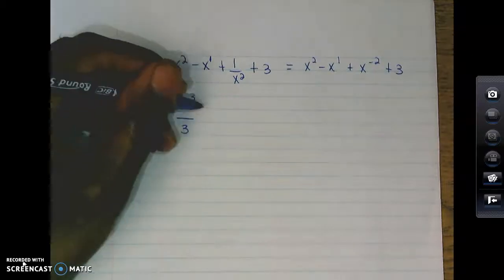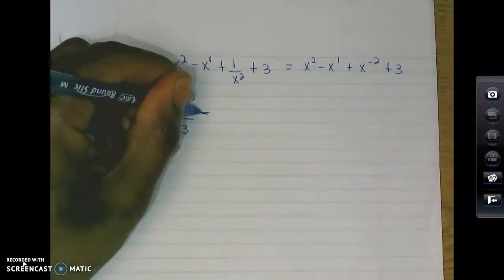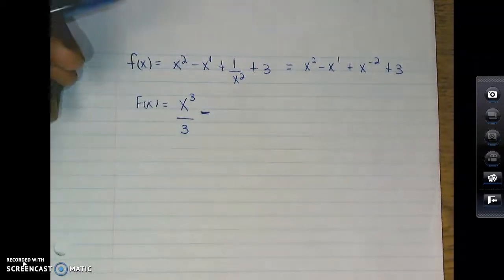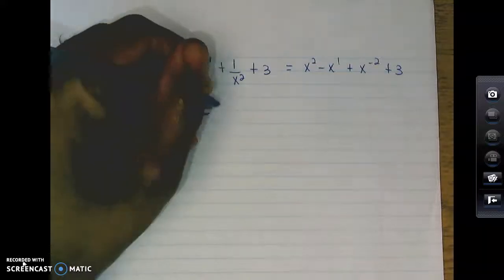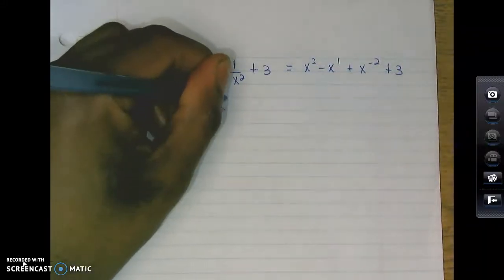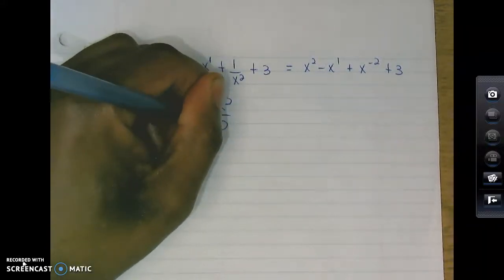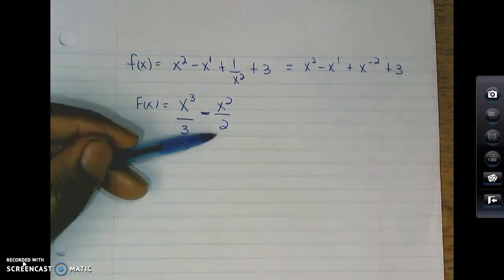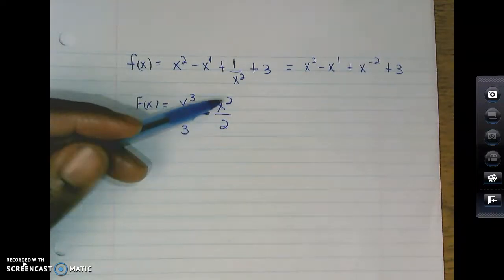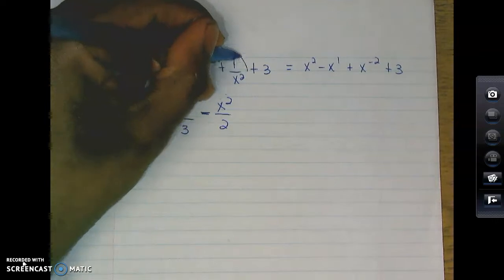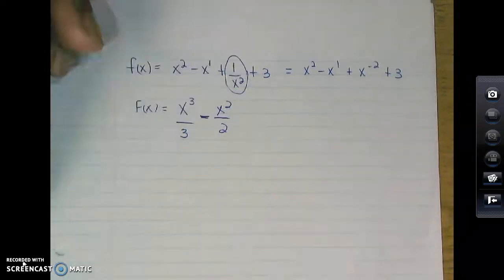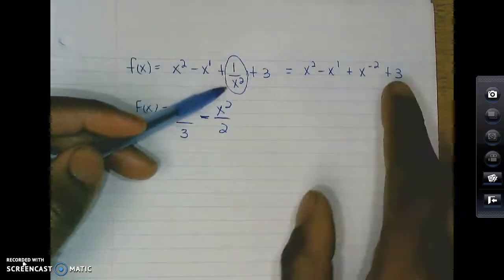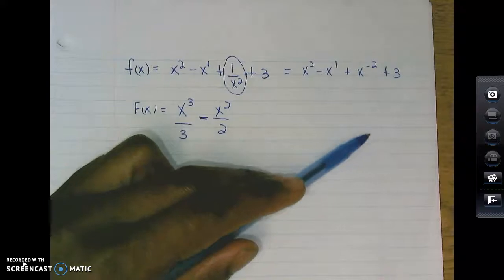All right. So we got this minus sign out here, but this exponent is to the first power. So we're going to have x squared over 2, because 1 plus 1 is what? 2. And then we also need to divide by the new exponent. All right, but look at this one. On this one, we've got to be careful because we've got to rewrite that as x to the negative 2, right?